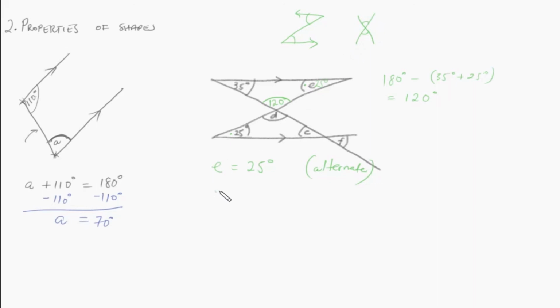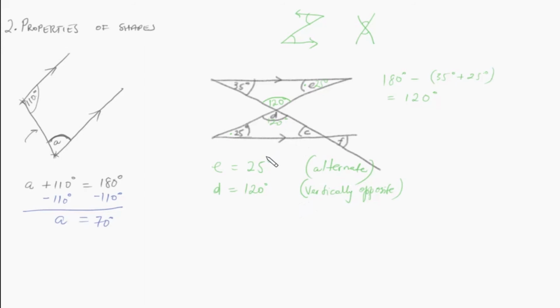Therefore, we can say D is equal to 120 degrees, reason vertically opposite angles. All right. Now, we have found this one as 120.